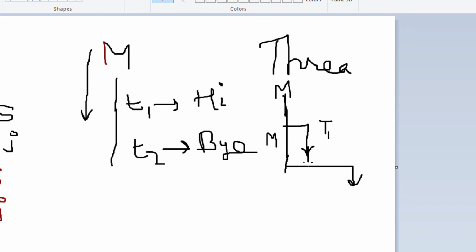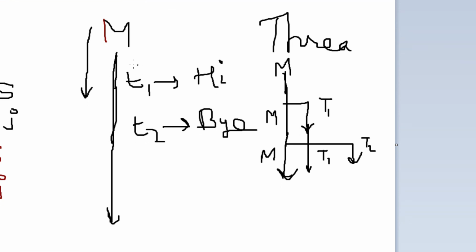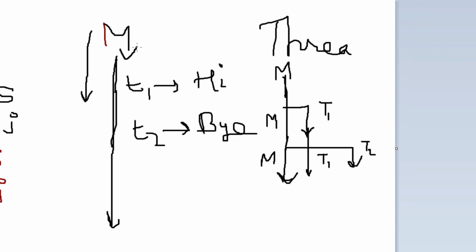So we have t1 executing on its own, the main executing on its own, and t2 executing on its own. Now you see the difference. In this we have a single line going from top to bottom: main is executing, t1 is executing, t2 is executing.